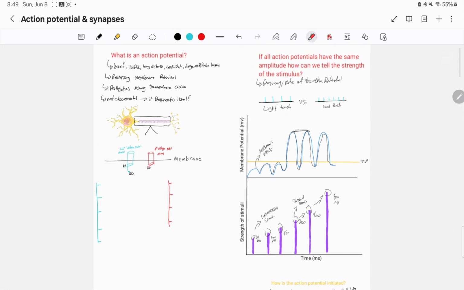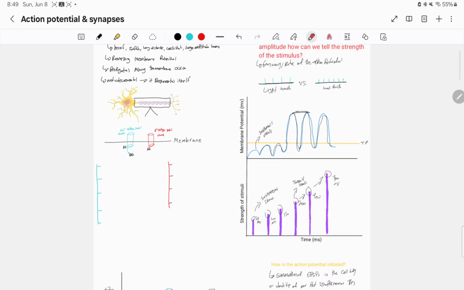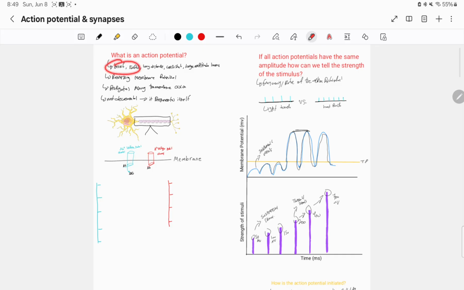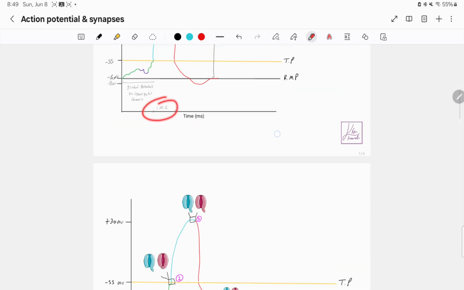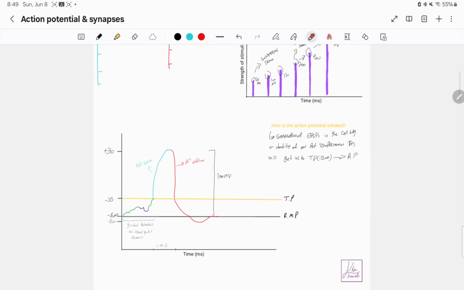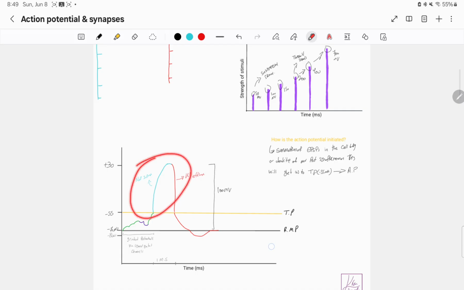So we said 100 millivolts, very large amplitude. We talked about the fact that it reverses the membrane potential, negative 70 to positive 30 millivolts. We also said that it's very brief and rapid, 1 millisecond.